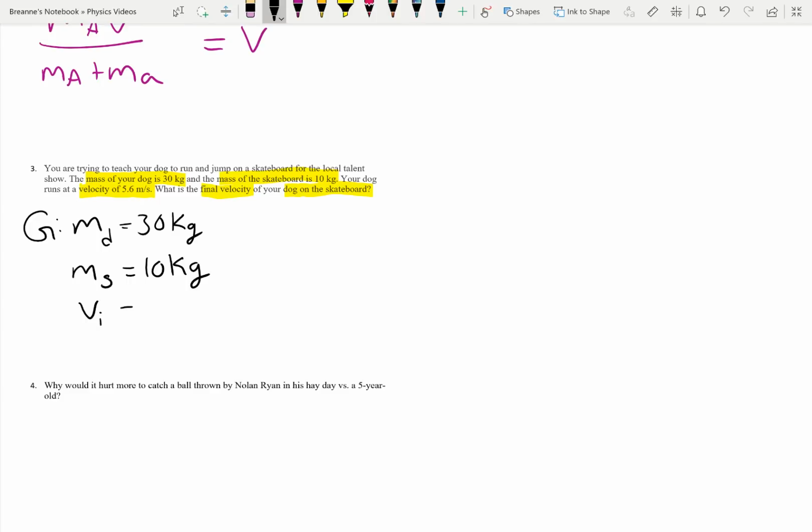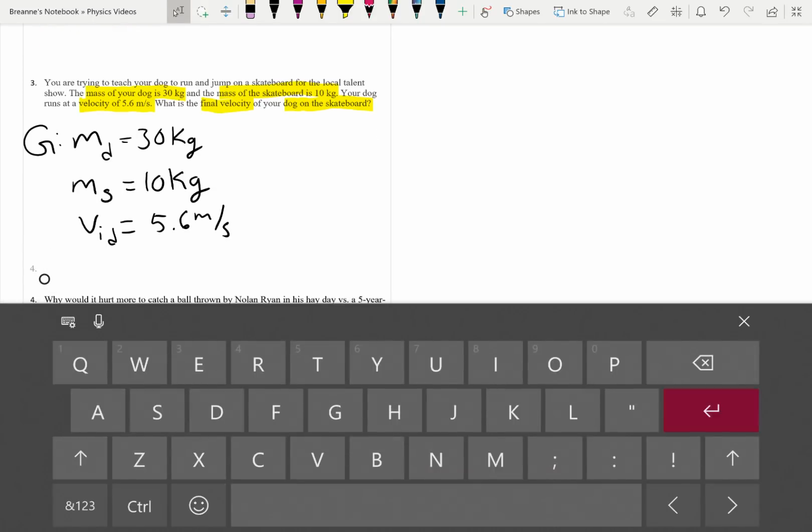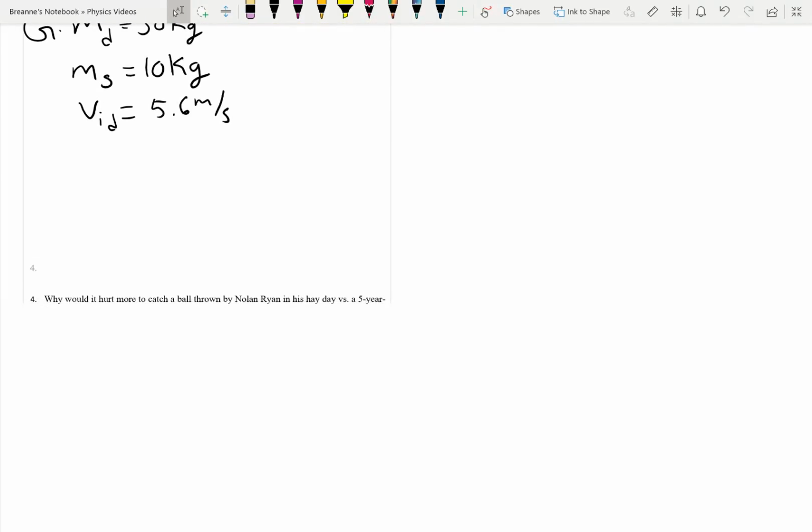Your initial velocity of the dog is 5.6 meters per second.